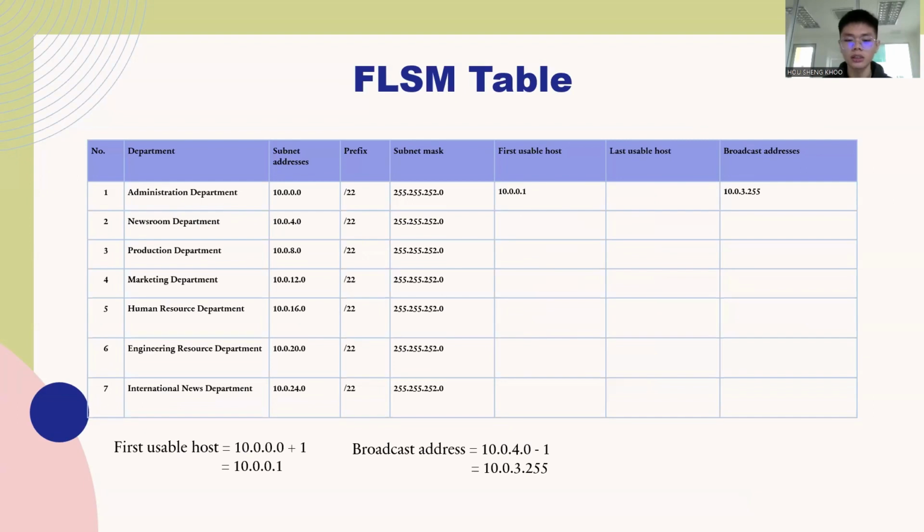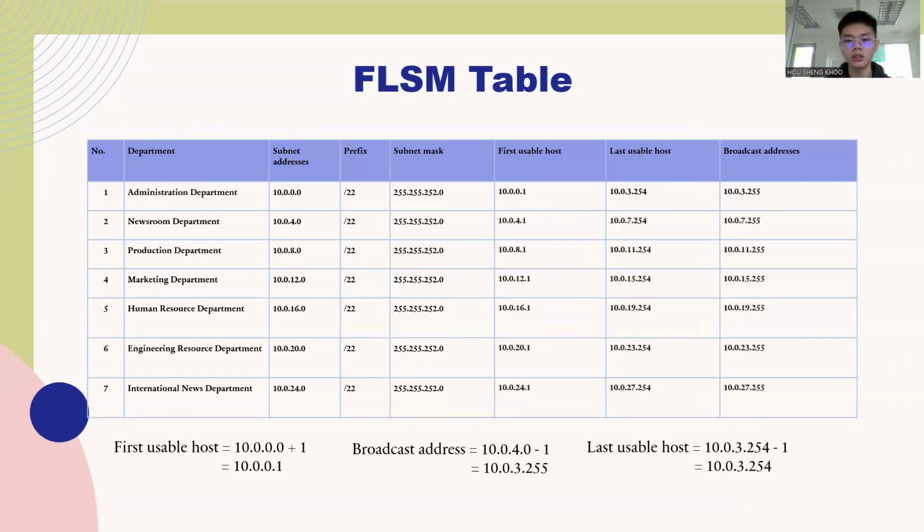So the broadcast address is 10.0.3.255. After that, we need to calculate the last usable host. For the last usable host, we use the broadcast address minus 1. So the last usable host is 10.0.3.254, and so on.